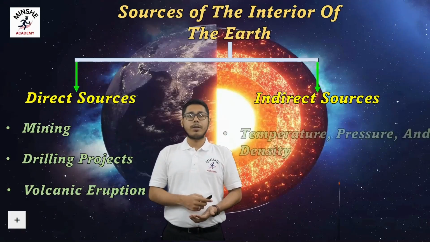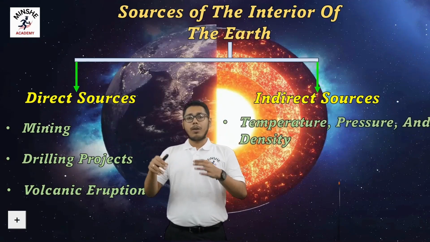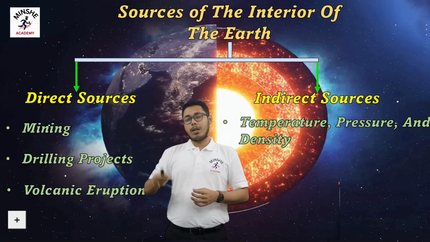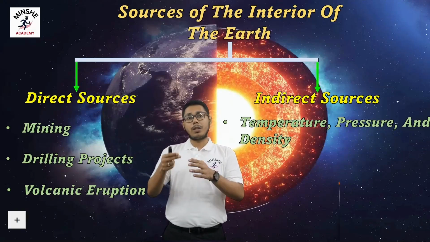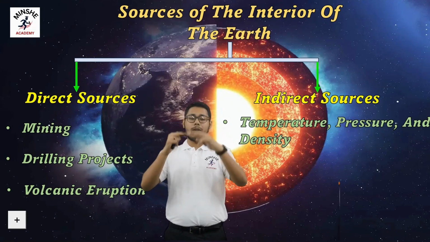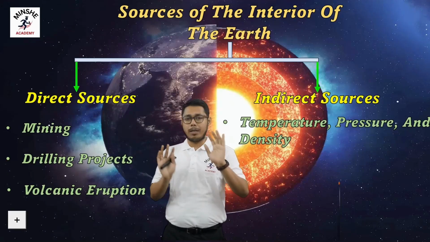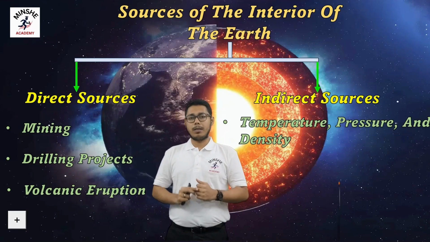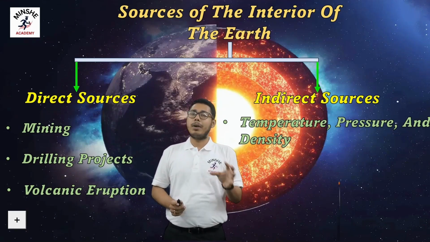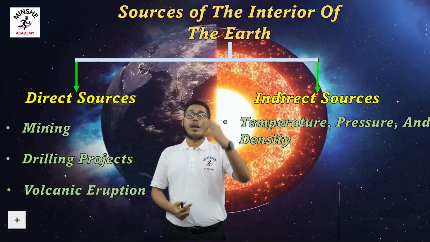What are the indirect sources? Temperature, pressure, and density. So basically, we know physics, right? In physics, there are mechanisms to measure the temperature, pressure, and density variations along depth. For example, I have gone up to 80 kilometers, and I have lavas and other things which give us cues about the temperature inside. So through that, I have identified a gradient.